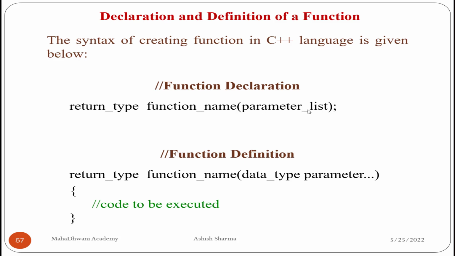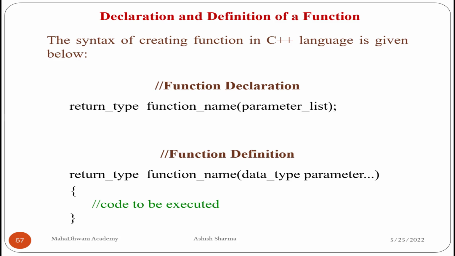Inside the parenthesis we have a parameter list. In function declaration we use the parameter list if we have parameters in the function. If we do not have parameters, we will not use any parameters here. This type of function is called default function or non-parameterized function. If we have parameters in our function, it is called a parameterized function.